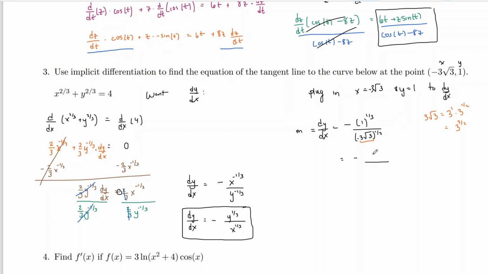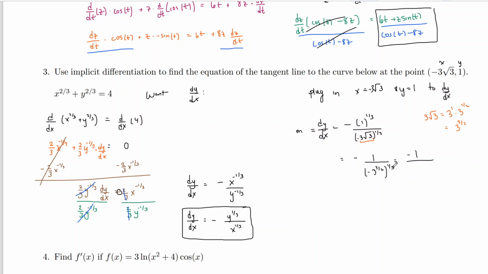Now, the top is just 1. We have the negative sign, but 1 to any power is 1. This is negative. And then the 3 times the square root of 3 is 3 to the 3/2. And when we raise that to the 1/3 power, then we'll be good to go. So we got negative 1 over.